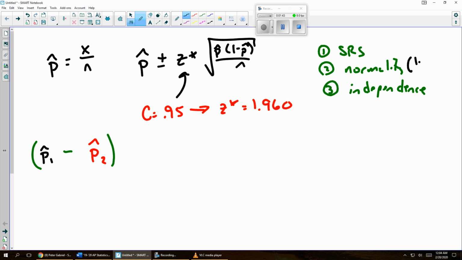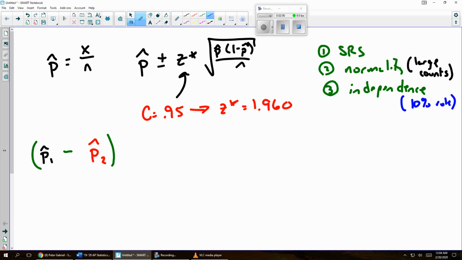Normality is achieved with large counts, which for a proportion problem means 10 successes or 10 failures. And for independence, when I sample from a finite population without replacement, I talk about the 10% rule, where the population needs to be at least 10 times bigger than the sample.